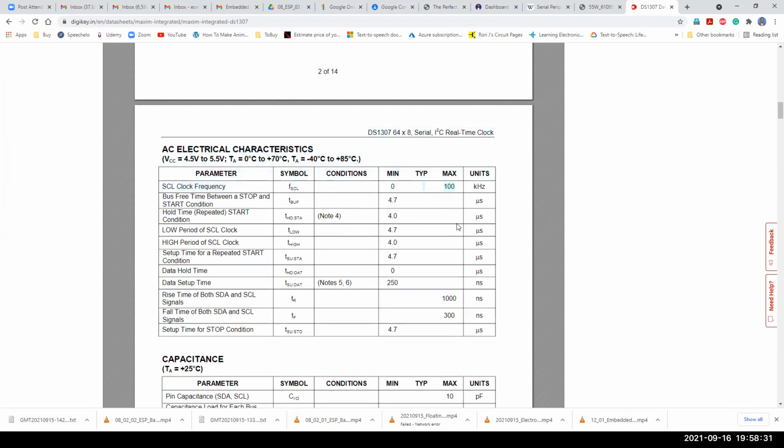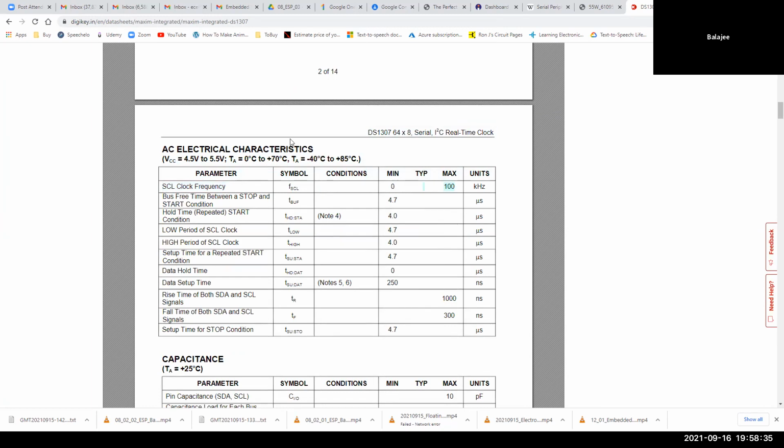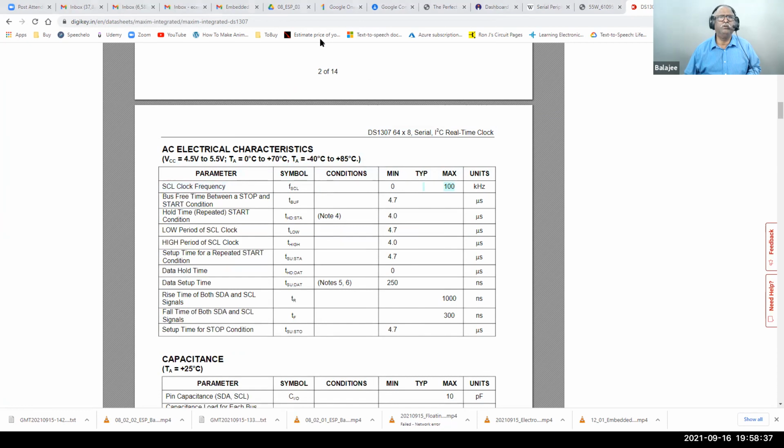That means you have a pulse. Your clock, SCK, you are pulsing and sending data. This time should not be more than, how much? 100 kilohertz.